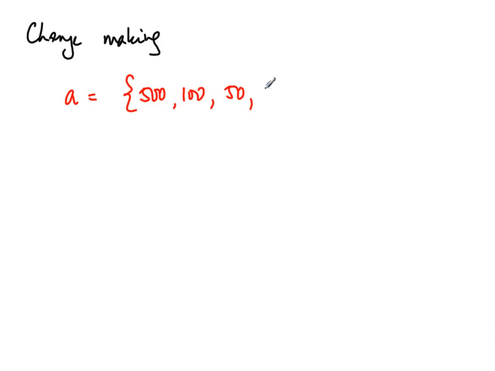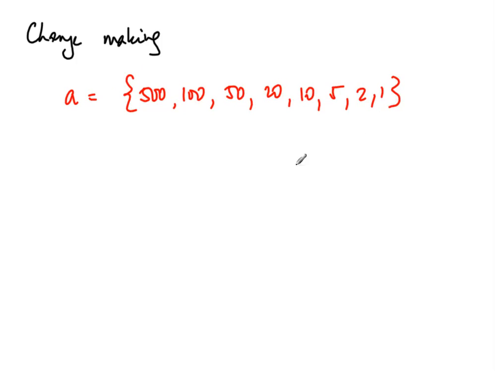So going back, just to emphasize, if you look at our change making problem, the set A is actually the set of denominations 500, 100, 50, 20, 10, 5, 2 and 1.